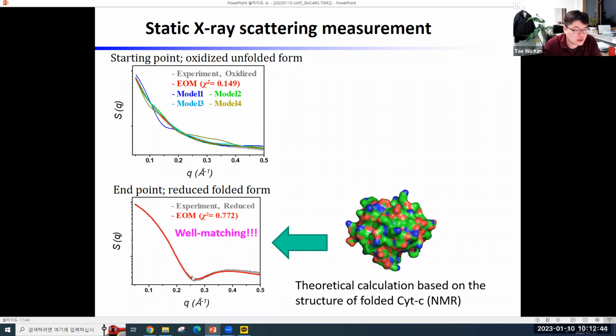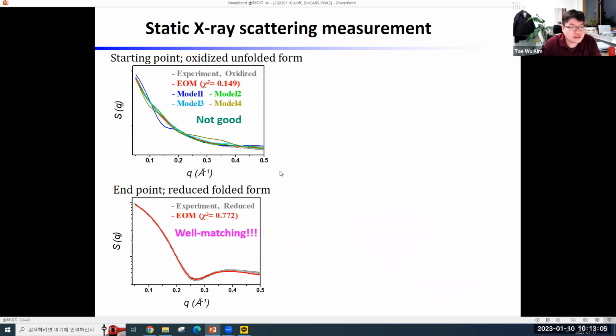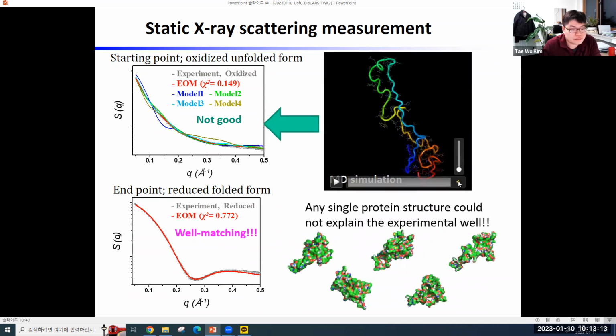It shows great agreement between experiment and theory, so we can say that this NMR structure is the optimal structure in our reduced folded state.